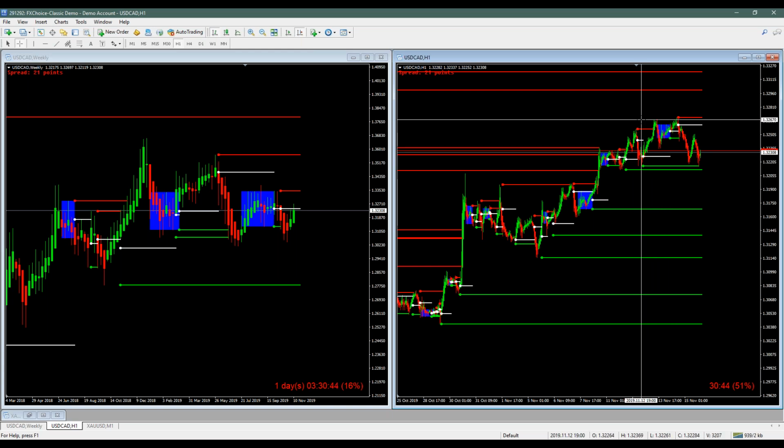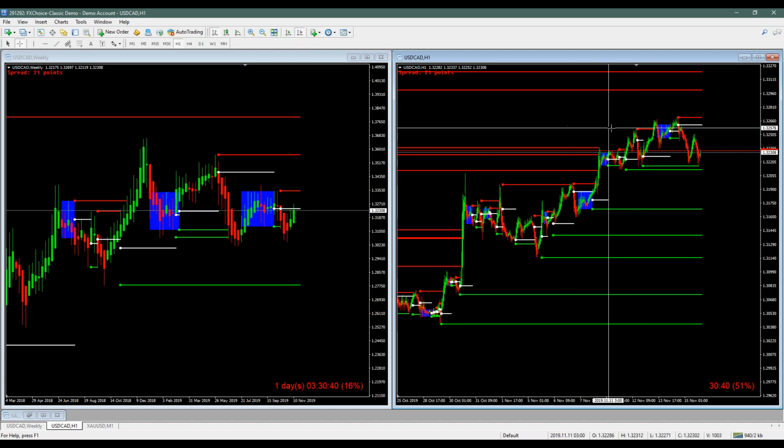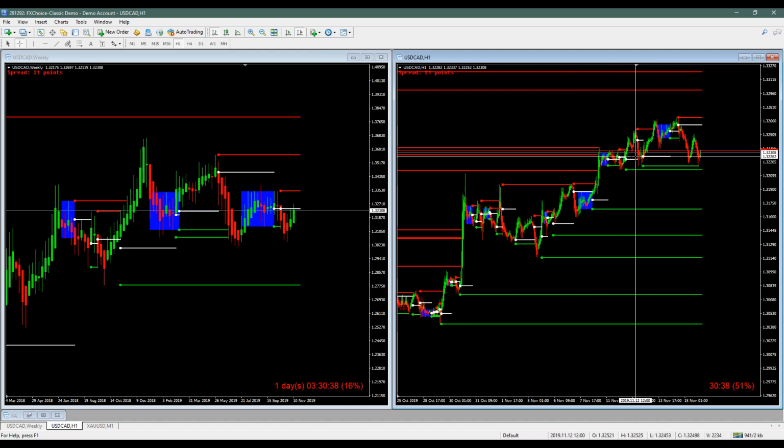So what you're doing is you are seeing a clear trend defined on a higher time frame. You get a deviation out of trend with that higher time frame and a reference point of expansion. That is the tipping point that you're trying to trade back to, and you're expecting that as long as the higher time frame trend stays intact, you will revisit that expansion line that you're using as your trade placement reference point.